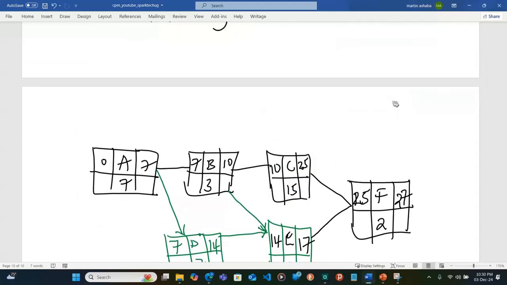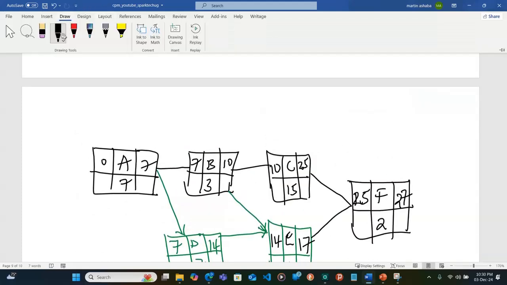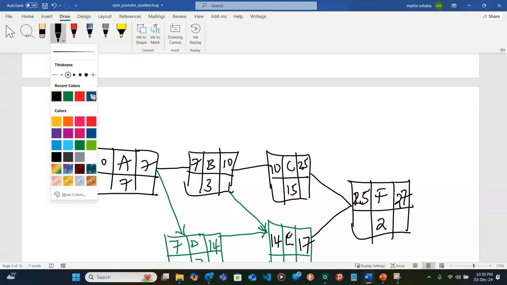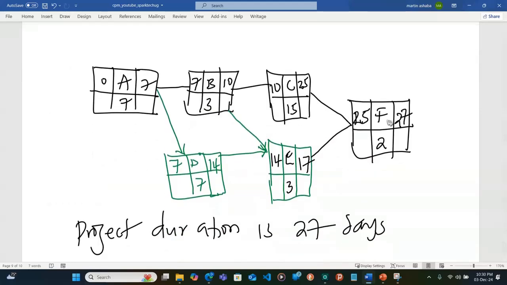So that was the forward pass. Let's do the backward pass. When we do the backward pass, this is going to be 27. So this is 25. As we are going backwards, this is going to be 25 and this is going to be 25. When I subtract here, this becomes 10.